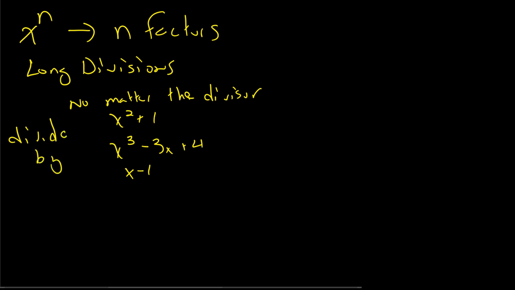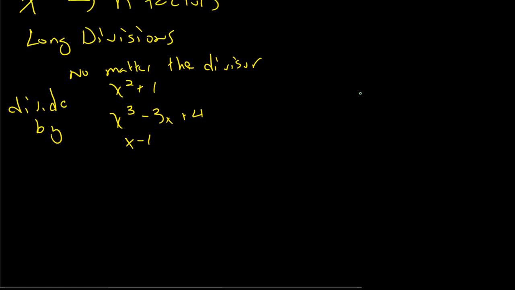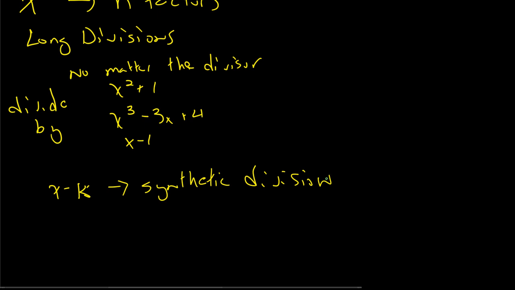Because a lot of what we're doing is going to be looking for factors and roots, and they will be the things that are the x minus k's, there's going to be something called synthetic division. That only works for x minus 1, x plus 1.